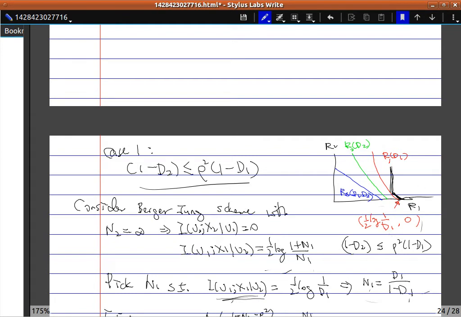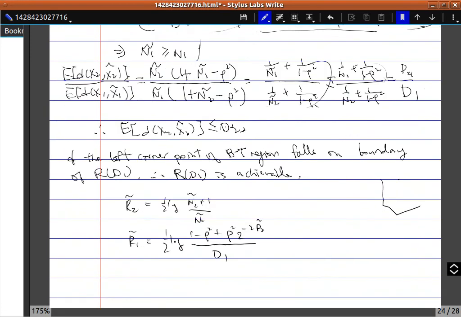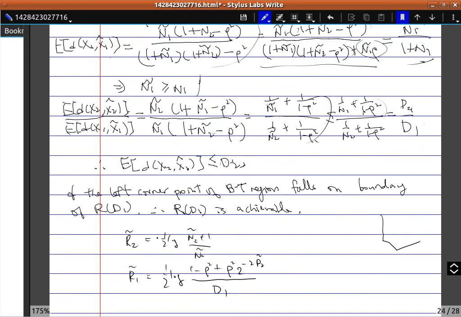For this particular region, the left corner point will have rate equal to 1/2 log n2 tilde plus 1 over n2 tilde for x2, and the rate for x1, R1 tilde, will be equal to 1/2 log of 1 minus rho square plus rho square tilde, something like that.